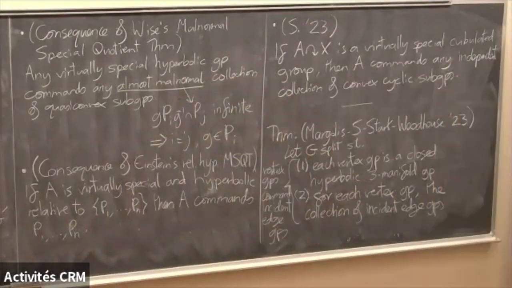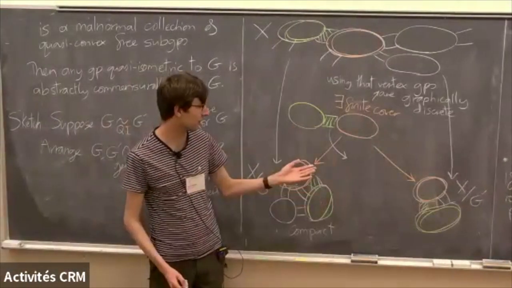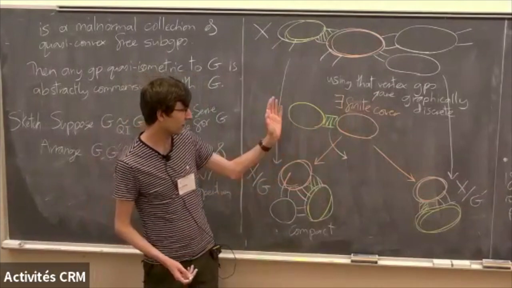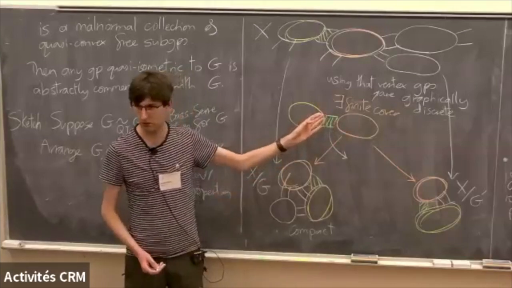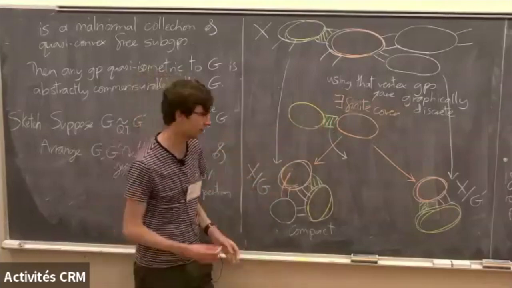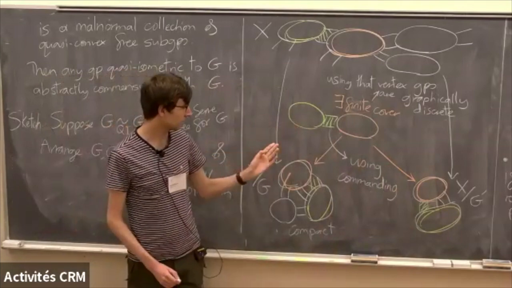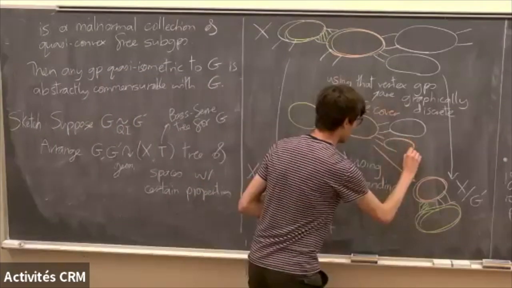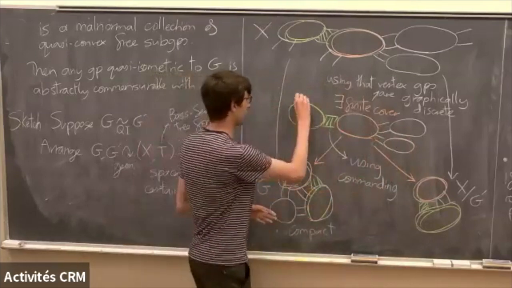So we are in a situation where vertex groups command incident edge groups, and using similar ideas to what we saw earlier in the talk, this enables us to carefully choose these vertex spaces such that they can be matched up along edge spaces, and we can actually glue in this edge space. Okay, so that's where commanding comes in. Right, so from here, we just repeat, getting more and more vertex spaces, which are finite covers of vertex spaces downstairs.